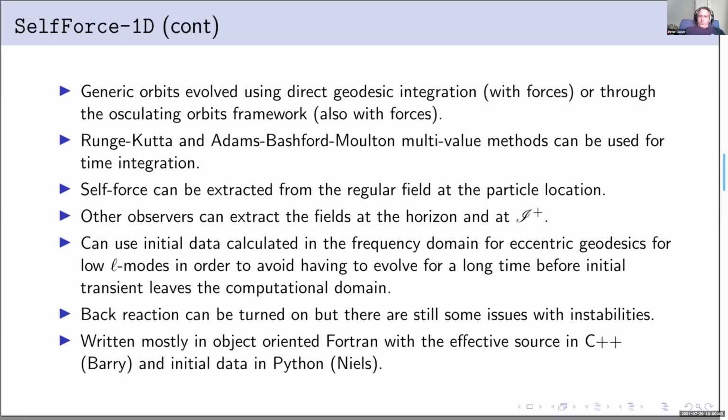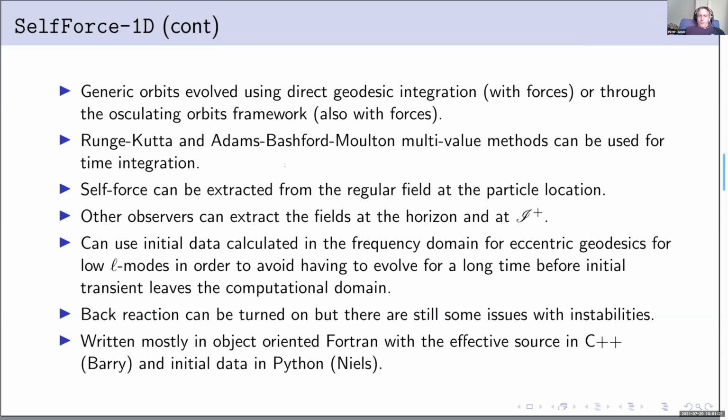Of course, we also have to evolve the orbits, and we have two different ways of doing that: either using direct geodesic integration with forces, or through something called the osculating orbits framework, where instead of evolving the coordinates themselves, you evolve the orbital elements like the eccentricity and semilatus rectum. The advantage is that they evolve much more slowly than the coordinates themselves.